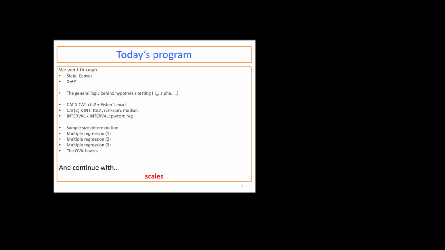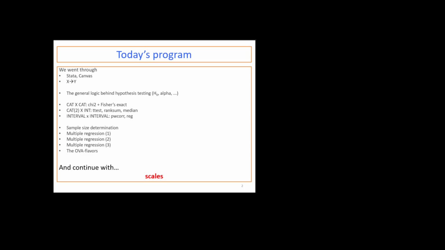In this course, you already learned a lot. You already learned about the relationships between independent and dependent variables, the whole logic about hypothesis testing, and how to choose the appropriate statistical analysis to test your hypothesis, depending on the type of variables that you have, and also depending on the type of hypothesis that you have.